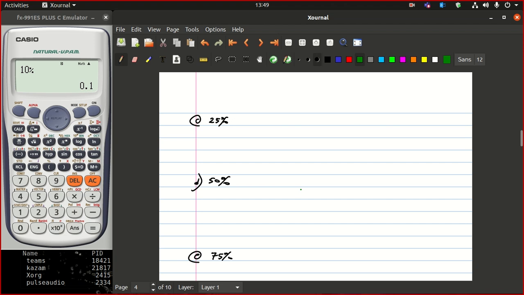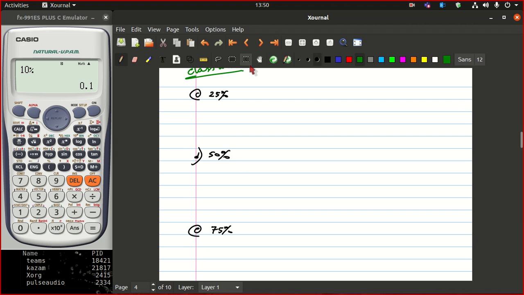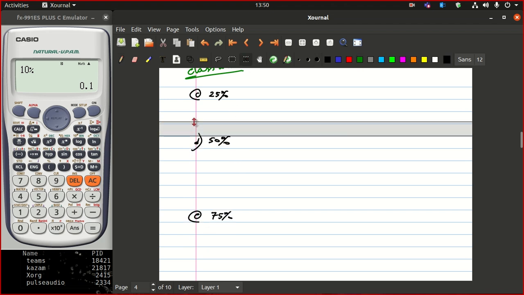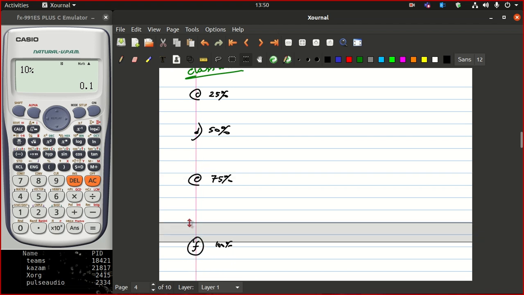Now, I want you to take this part as classwork, which is number C, D, E up to F. Can you try and convert these percentages to fractions, or rewrite these as fractions?